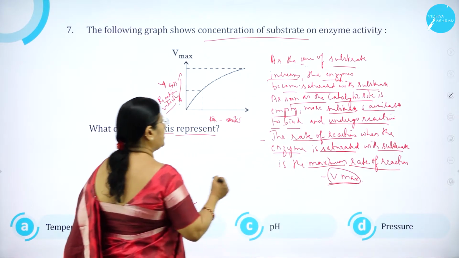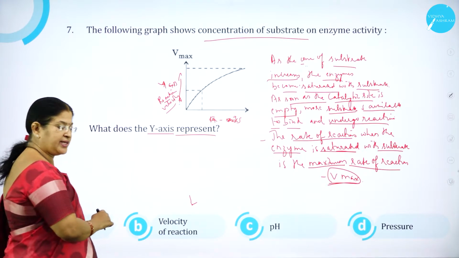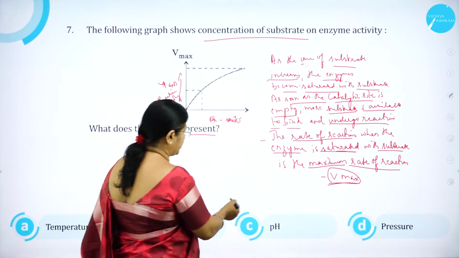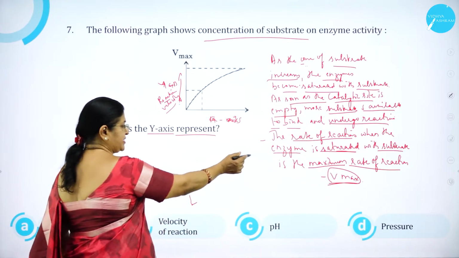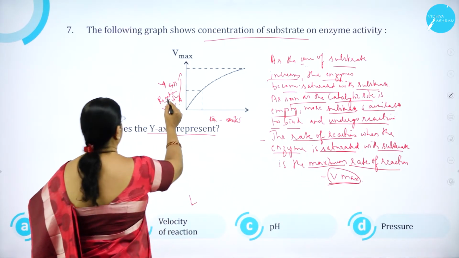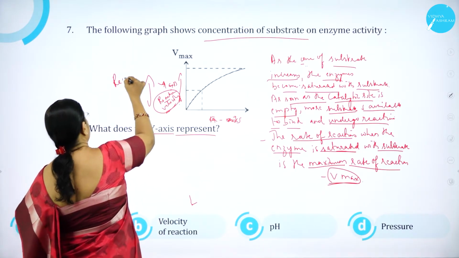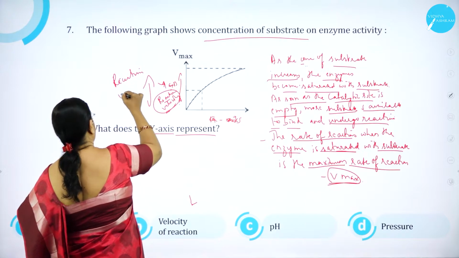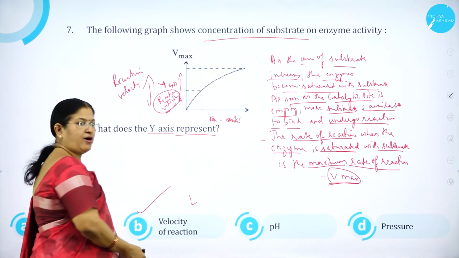So what will be the correct option? A is temperature, B is velocity of reaction, C is pH, D is pressure. As I said, it is the rate of reaction, that is reaction velocity. So option B is correct, velocity of reaction.